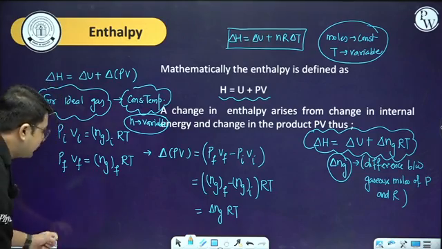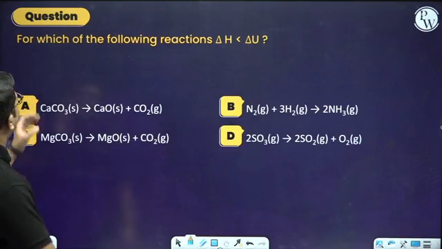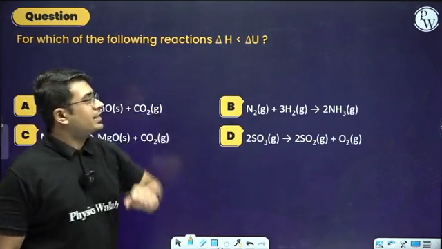Now we have one question related to this part. For which of the following reactions is delta H less than delta U?